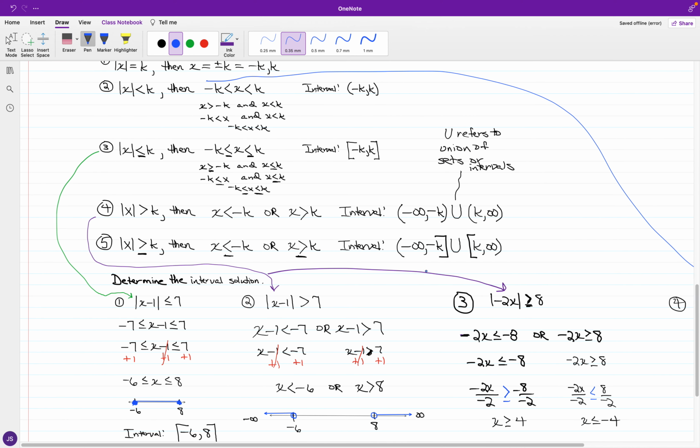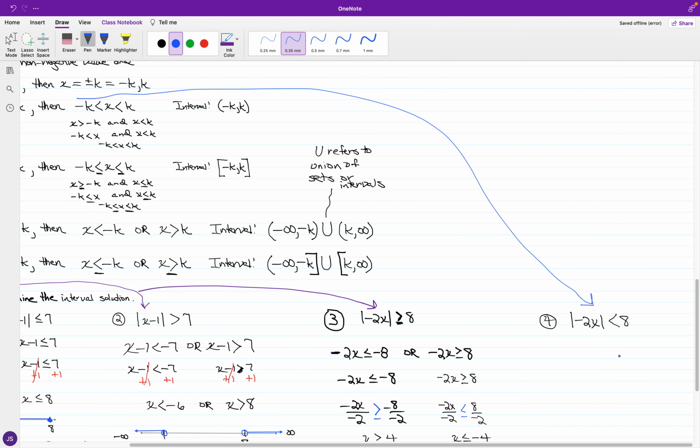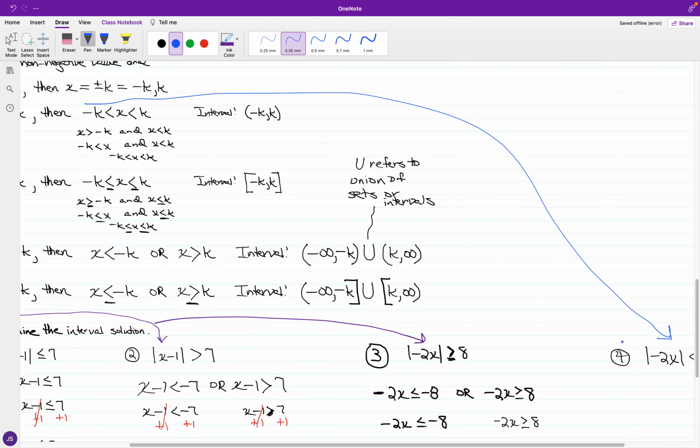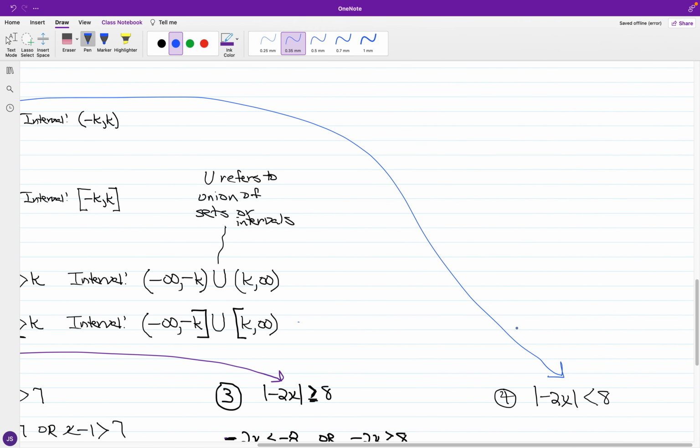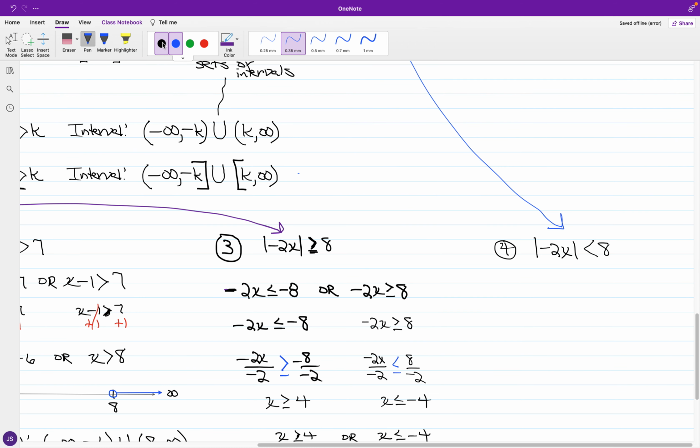Once you translate in terms of a compound inequality upon removal of the absolute value grouping symbols, again, our k value is going to be 8. So in the setup, we have negative 8 is less than negative 2x, which in turn is less than 8. So you have negative k is less than x is less than k, where k is 8, and we have x represented by negative 2x.